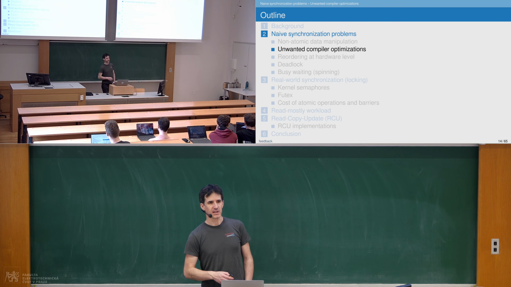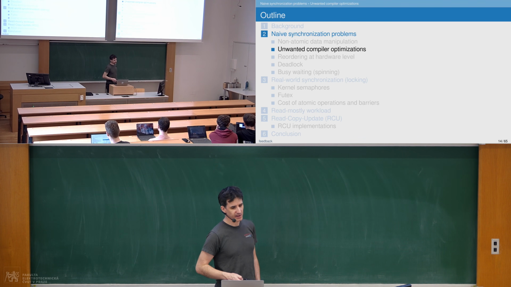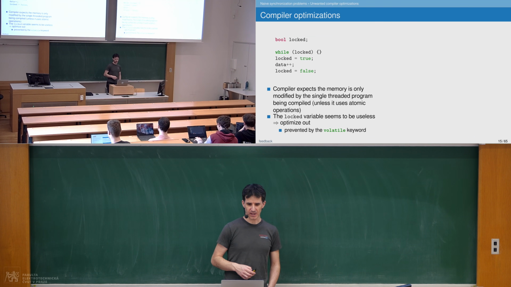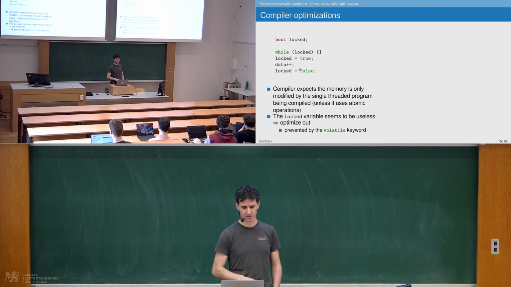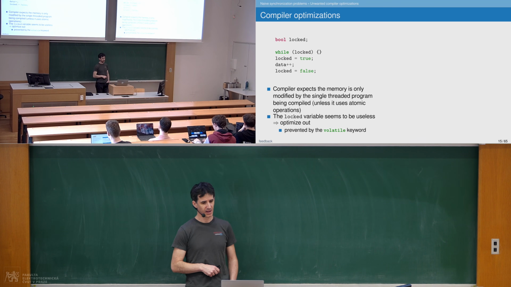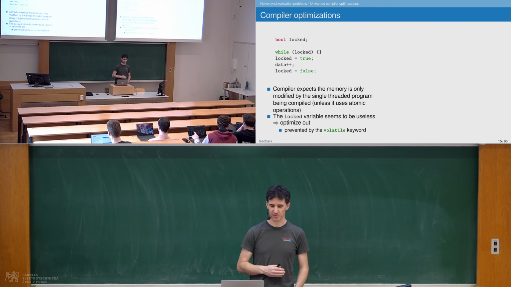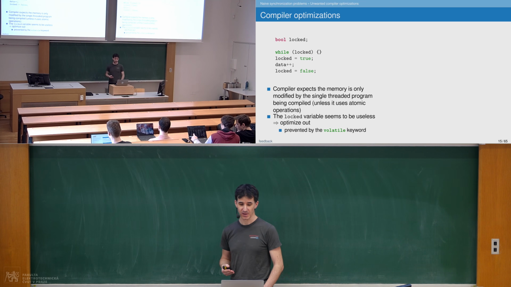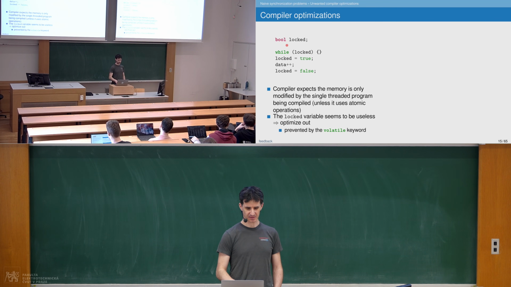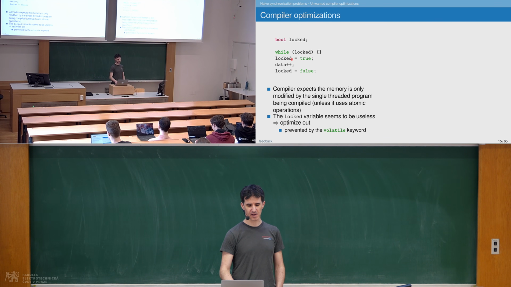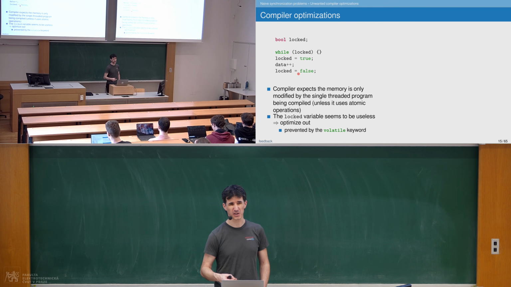Another problem that we have identified in our simple program at the beginning was compiler optimizations. So let's look at this simple program. This is just part of what we have seen there. If you look at this program from the perspective of an optimizing compiler, you can see that here we are reading the locked variable, and then we are modifying that variable and modifying it again without actually reading.